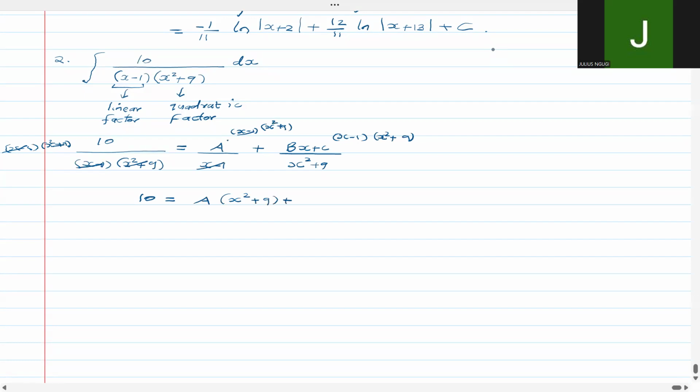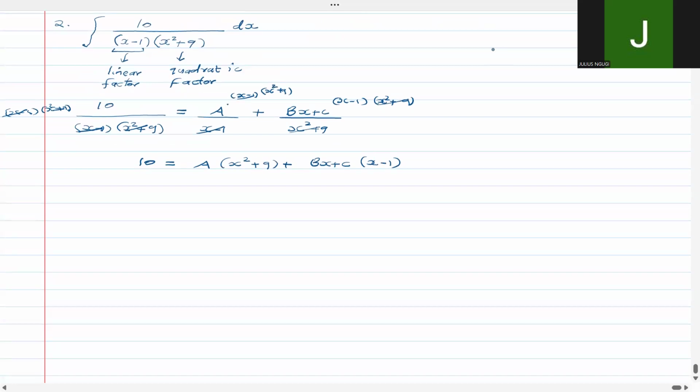plus, cancel what is common. You get now the remaining Bx plus C, then multiplied by x minus 1. You can decide to choose values of x that will eliminate Bx plus C, this linear term.